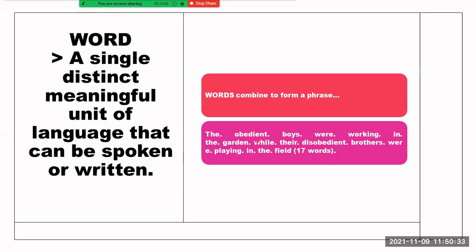The obedient boys were walking in the garden while their disobedient brothers were playing in the field. We have 17 words there. Don't forget that this same sentence is made up of 22 morphemes.